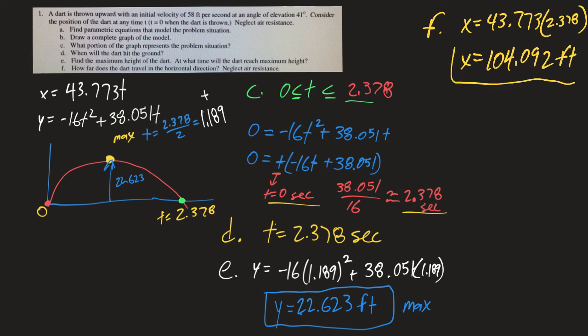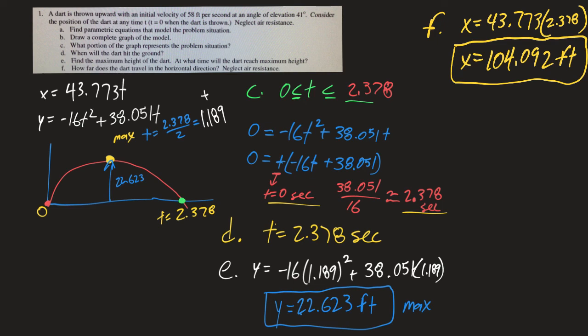And so basically, your projectile flies up to 22.6 feet in the air. And when it hits the ground, it's been flying for 2.378 seconds, and it's gone all the way to 104 feet-ish down the field. Okay, so this is solving stuff using a parametric.